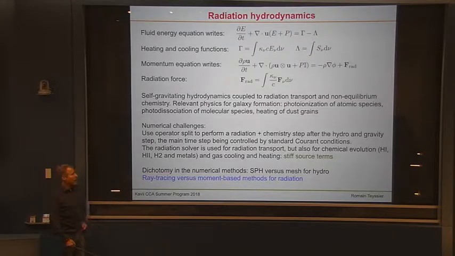Right? So now there is another interesting thing I will describe later. You have this dichotomy between SPH and AMR for hydrodynamical methods, or, in a more high-level way, Lagrangian methods versus Eulerian methods. And in this context of radiative transfer, you also have a similar dichotomy.